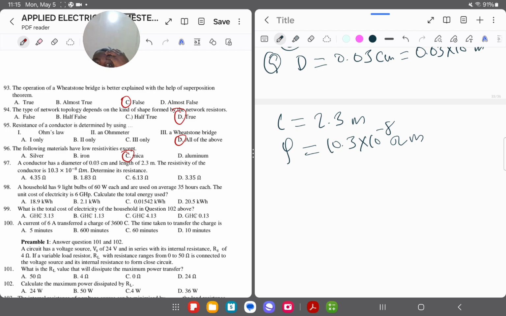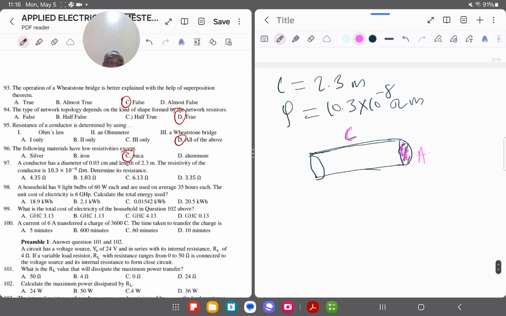Question 87. Now to find the resistance, if you are given a conductor, the resistance depends on the length of this conductor, let's say L, and the cross-sectional area, let's say A. These are the two main parameters we'll be looking at.